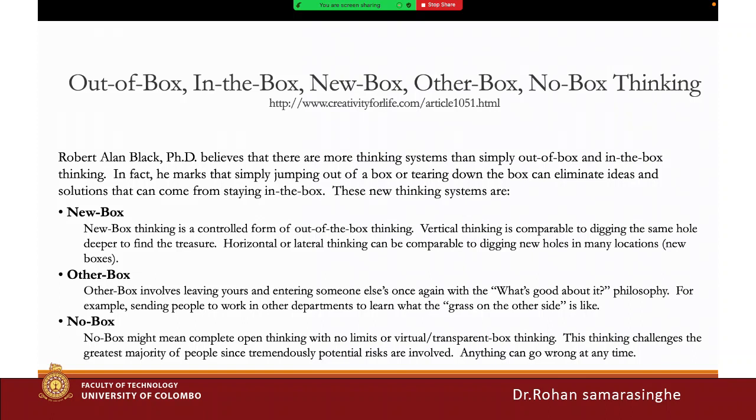So we'll see this new box. New box thinking is a controlled form of out of the box thinking. Vertical thinking is comparable to digging the same hole deeper to find the treasure.